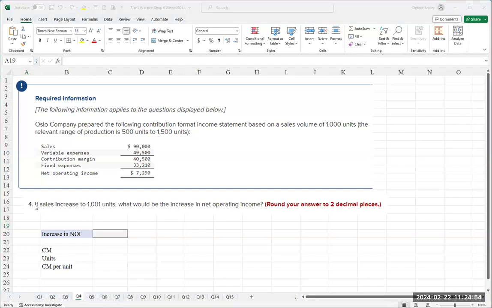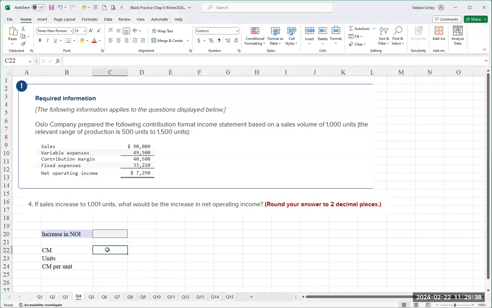Now, if sales increase to 1,001 units, what would be the increase in net operating income? Round your answer to 2 decimal places. So the way you look at this is with 1,000 units, we've already covered all of our expenses and made a profit, right? So the easiest way to figure out if we increase sales by 1 unit, the net operating income will increase by the contribution margin for 1 unit.